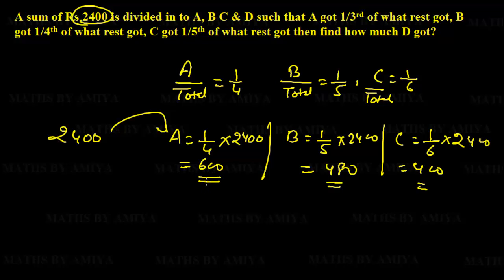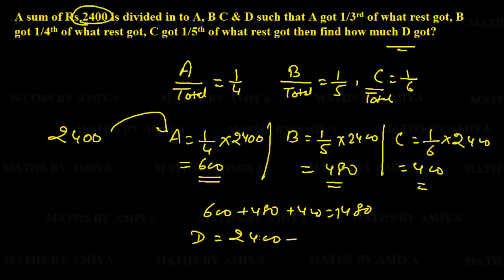So the total money distributed is 600 plus 480 plus 400, which is 1480. And question is, how much D got? D got the remaining amount out of 2400. So D got 2400 minus 1480, that is nothing but 920, and 920 is our answer.